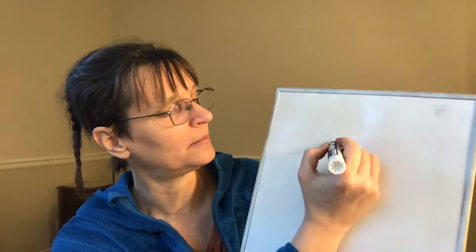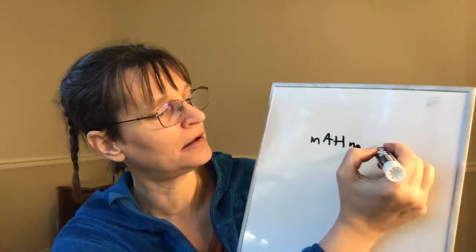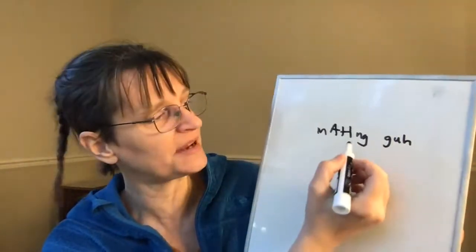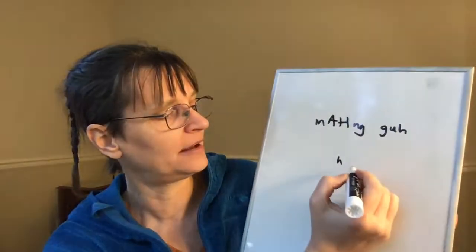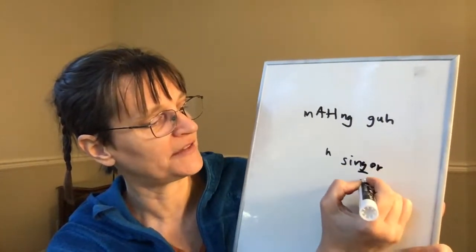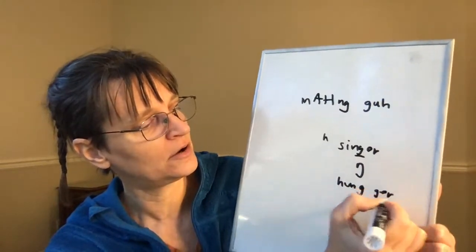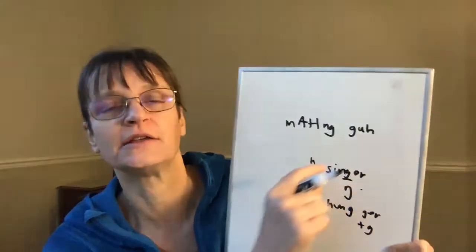So we have our NG sound, mong, our ah vowel, and then our NG sound, mong, and then another G, ga. Sometimes the letters NG will just say an N in the middle, like singer, where we just have the NG sound, but in words like hunger or finger, we have an N plus a G. So manga is like that.